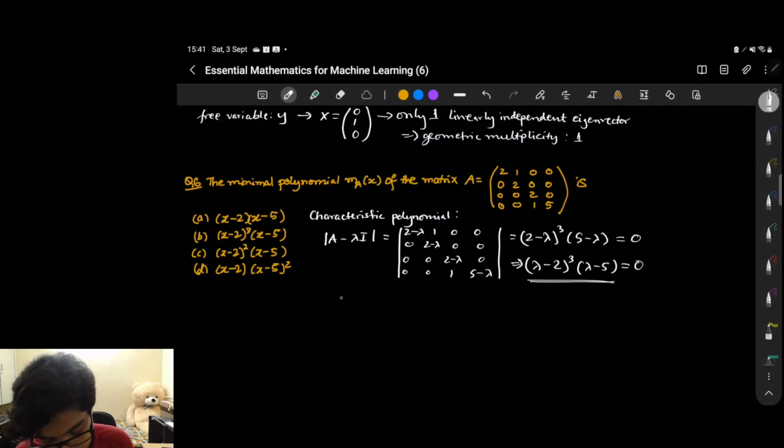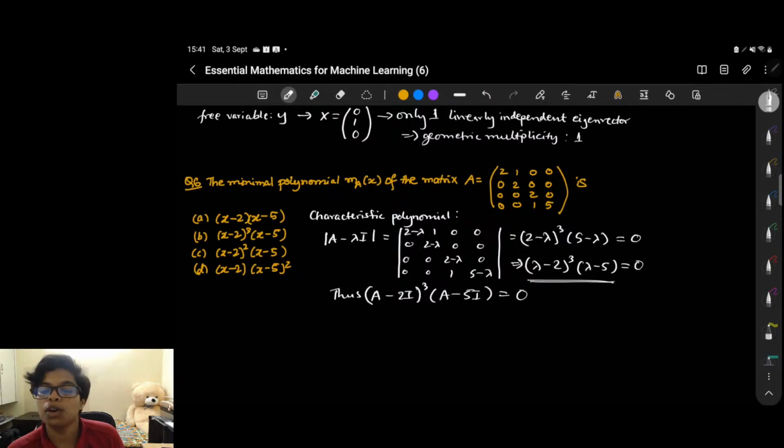And since this is the characteristic polynomial, if instead of lambda we put A, and instead of 2 we put 2 times I, then what we get is the following, and this will also be equal to 0. So that is how from the characteristic polynomial we can get an expression in terms of A and the identity matrices.